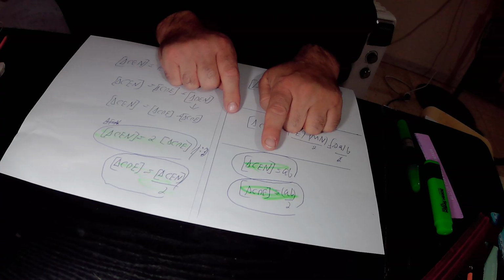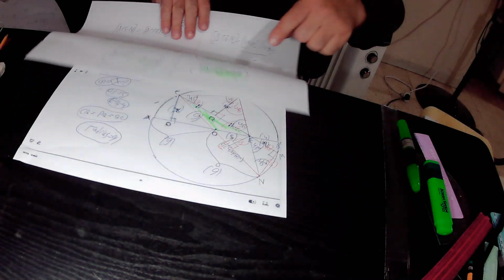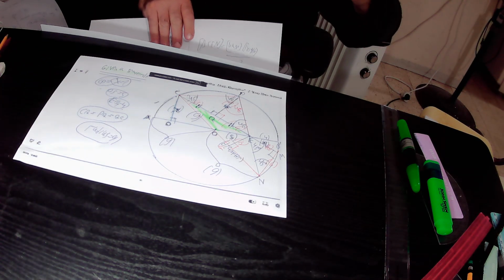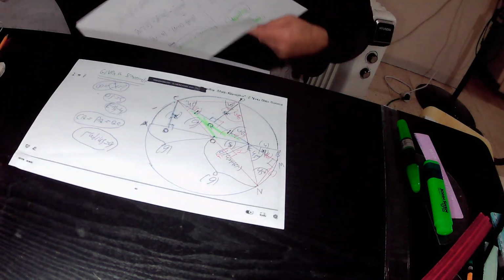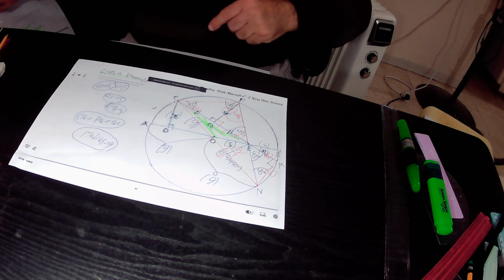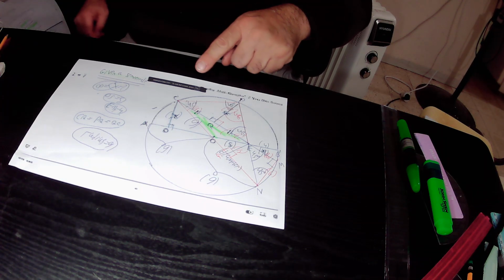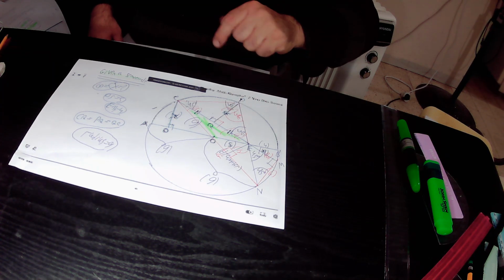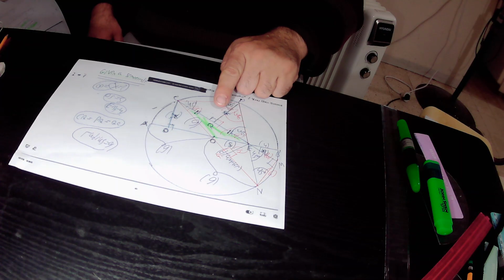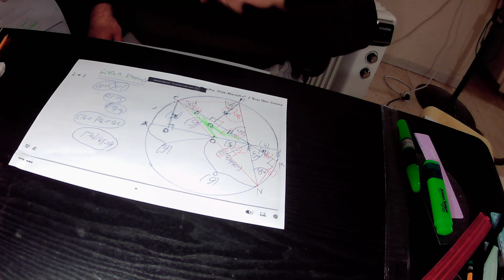So in total we found out that the area of this triangle COE equals A times B over 2 square units. The area of the big triangle CEN is twice as large as the area of this triangle CEO.